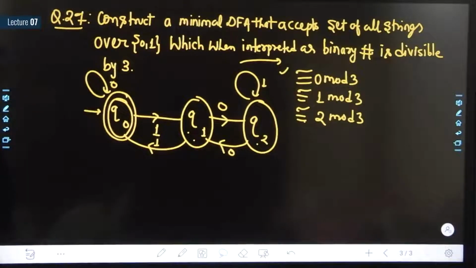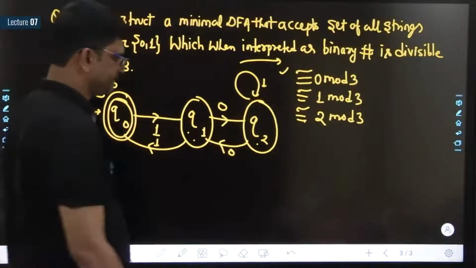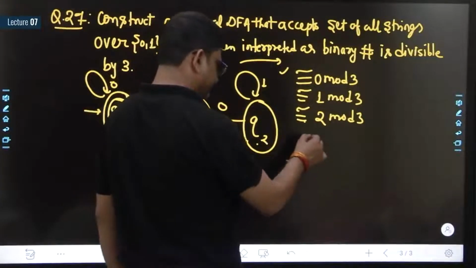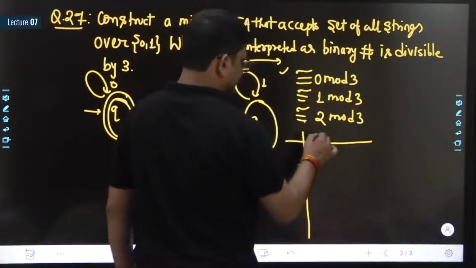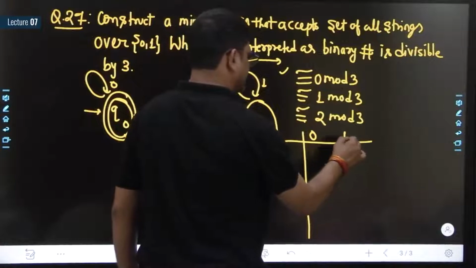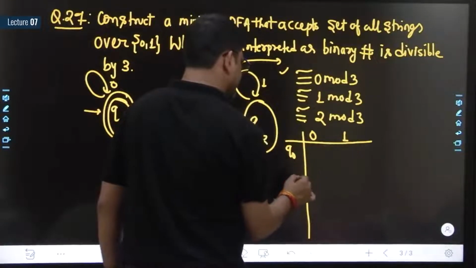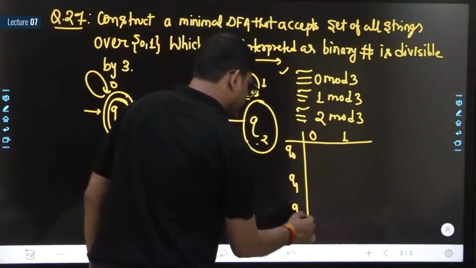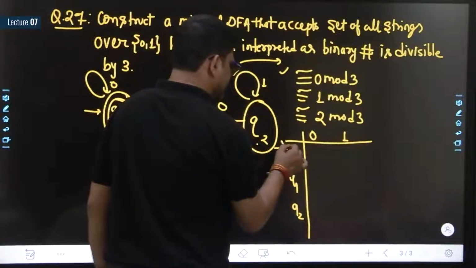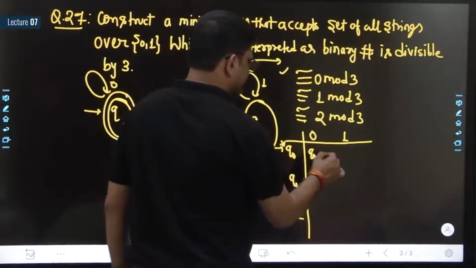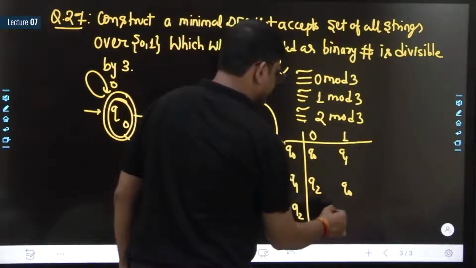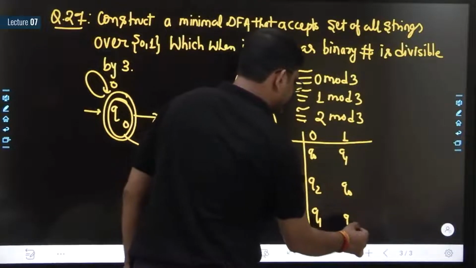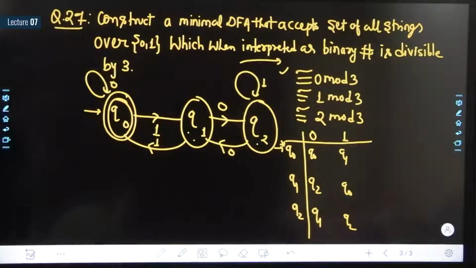See the transition table for this question. 0, 1. How many states? Q0, Q1, Q2. This is the initial and this is also final. Q0, Q1, Q2, Q0, Q1, Q2. This is the transition table for this DFA.